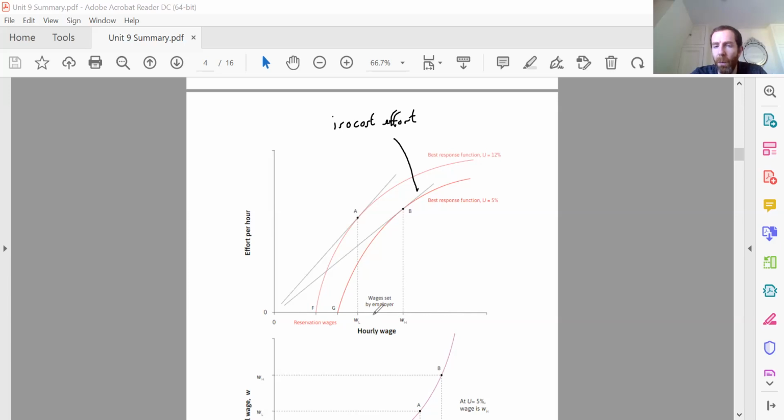Well, the wage is going to get them the steepest possible iso-cost effort line, right? If they chose a wage to be shallower, and so therefore higher cost, so less profit for them.